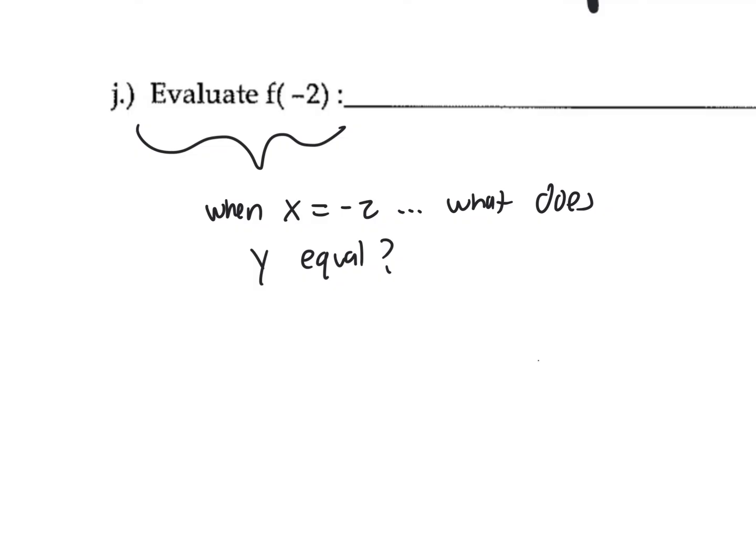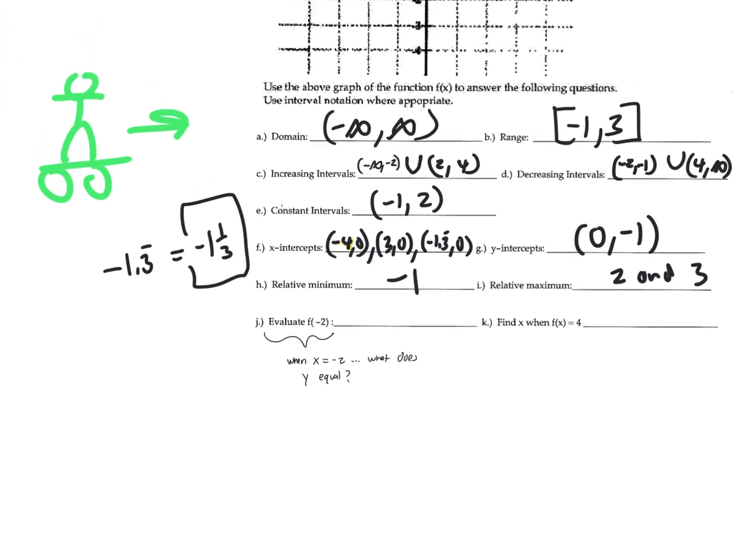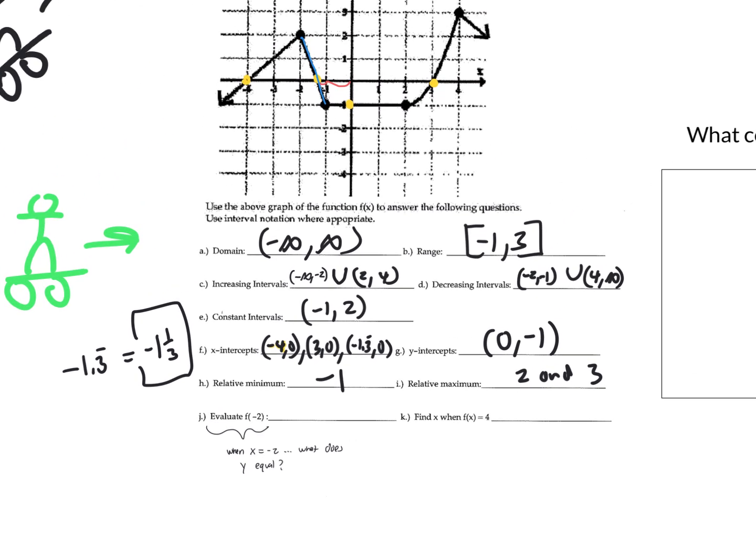Okay, so let's find out. When x is negative 2, what does y equal? Well, let's go up to the graph. We traced when x is negative 2. What does y equal? Well, find the y value associated with that point on the graph. So that's a 2.